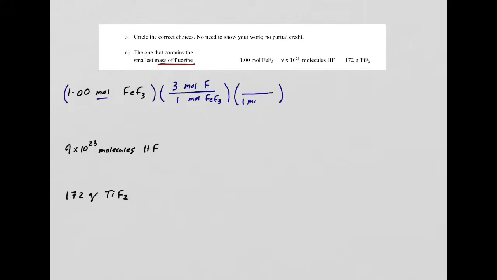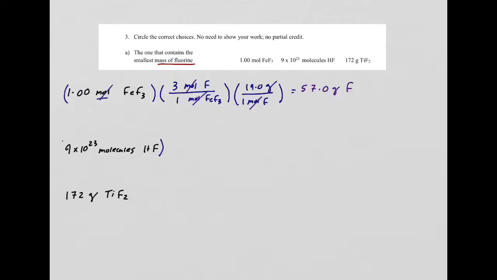Now, I have moles of F. 1 mole of F is 19.0 grams. So I can go all the way to the mass and convert it to that. Again, moles of FeF3 cancels out. Moles of F cancels out. What I end up with is 57.0 grams of fluorine.